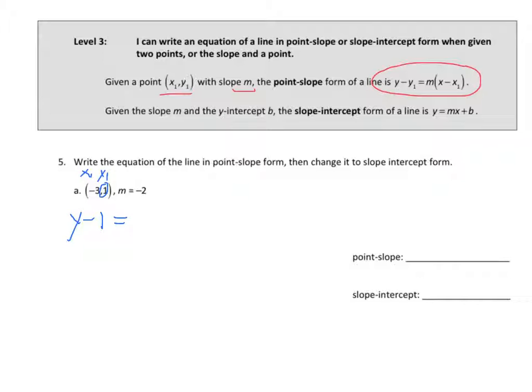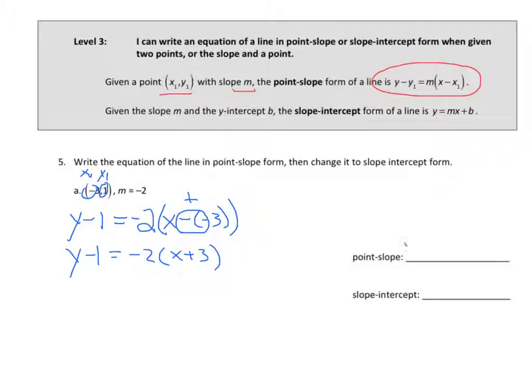Next goes the slope, negative 2, and then parenthesis x, which is the variable x, and minus the x coordinate of the point, which is negative 3. Now, my minus negative 3 I can simplify to be a plus, so I get y minus 1 equals negative 2 times x plus 3. And that is the point-slope form of an equation.